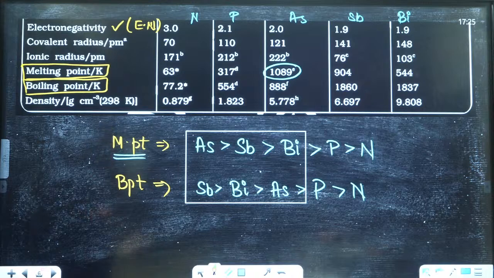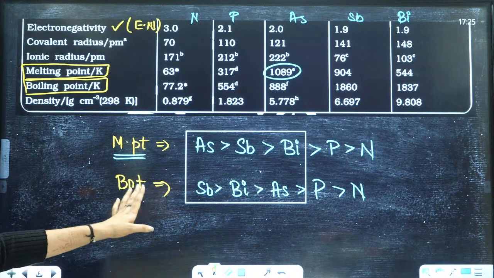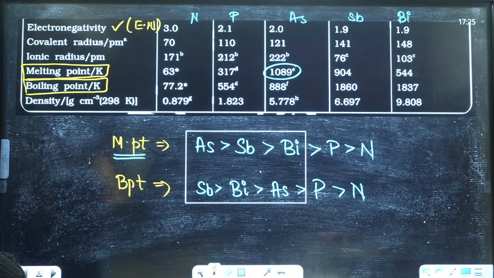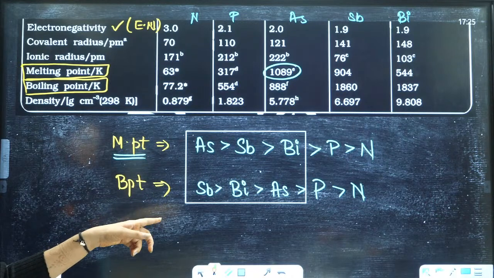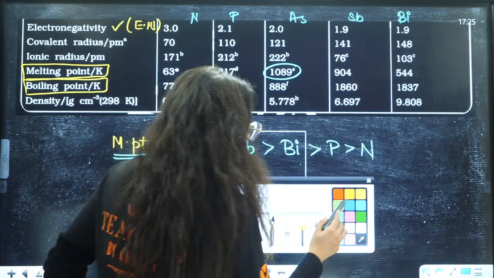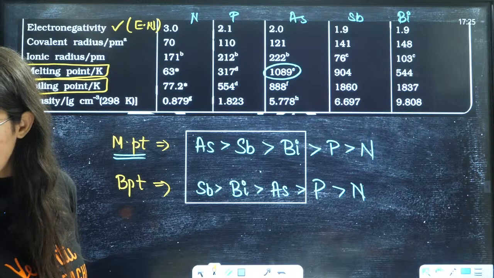Sb, then Bi, then As for boiling point. And melting point is As, then Sb, then Bi.